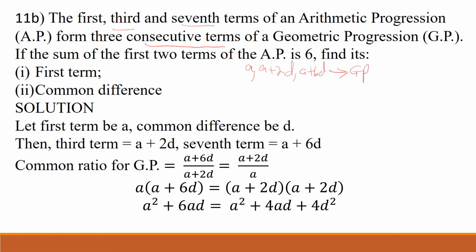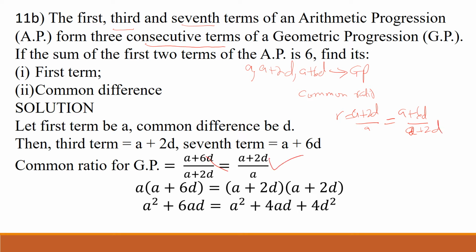So if we are to find a common ratio, which we use R to represent, it will be A plus 2D over A equals A plus 6D over A plus 2D. So this is it here.